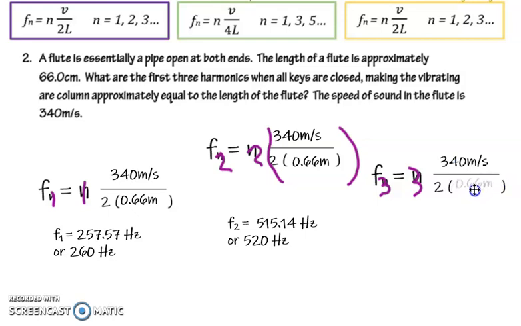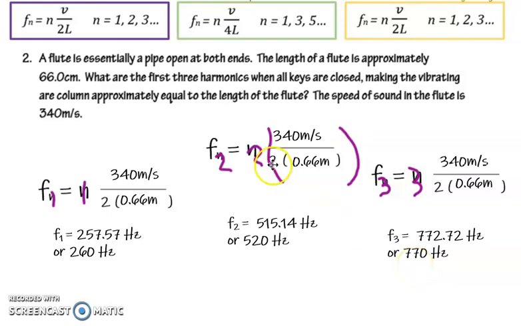Same exact numbers is 3 times that, isn't it? It's 3 times this whole fundamental frequency. So you didn't even have to write this out. You could go take this number times 3. And you can, and you'll get 772.72 hertz, or 770 when you do 2 sig figs.